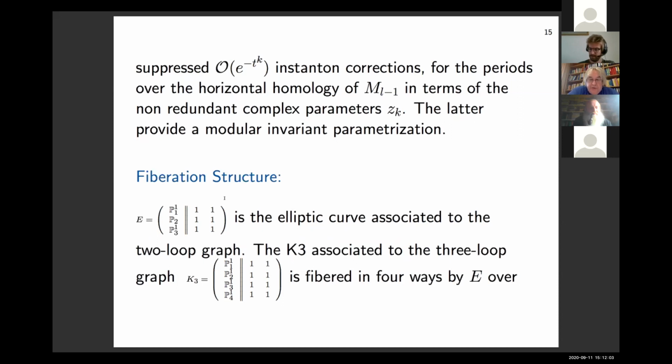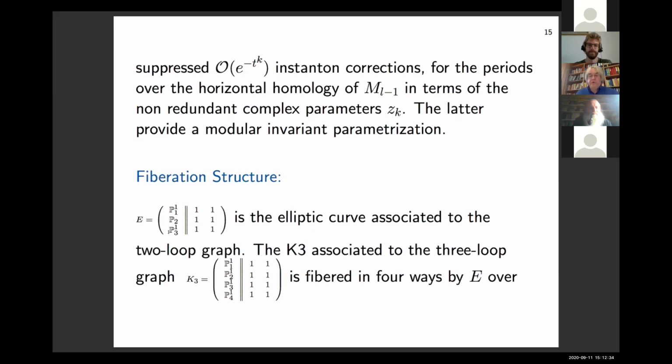And then the K3, which is associated to the 3-loop graph, is now fibered in 4 ways by this elliptic curve, because over every P1 that you can put here, you have this figure here. And of course, it doesn't matter which curve you put. You get a K3, which is in 3 ways fibered by an elliptic curve. That means you have for this K3 contractions to a P1 in 4 different ways.